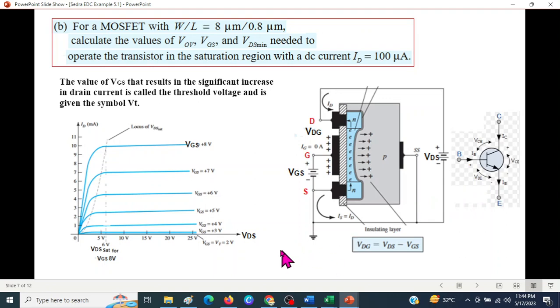Similarly, there is a minimum threshold voltage that we got to have at this point for the MOSFET to conduct, and this minimum voltage is called the threshold voltage. So in this diagram we are assuming that the threshold voltage is 2 volt. So this line is almost 2 volt here, and then we increase the gate voltage to 3 volt, then 4 volt, 5 volt, 6 volt, 7 volt, and 8 volt.